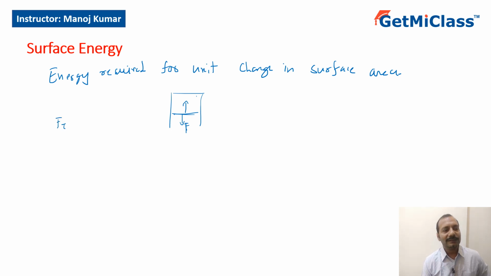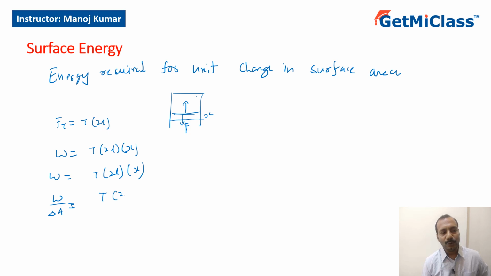Force due to surface tension would be equal to T into 2L. Let us say due to this it comes down by a distance x. Work done equals force into displacement, that is T into 2L into x. So the total work done, or the total potential energy stored in this, is T into 2L into x. Now, work done per unit surface area. What will be the unit change in surface area?